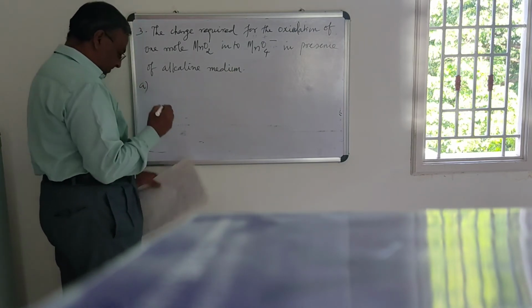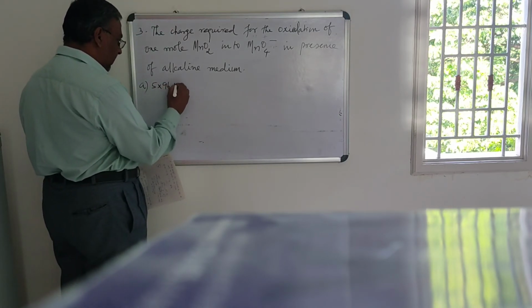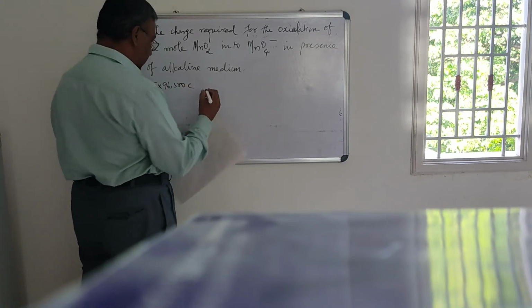Four options given. A, 5 into 96,500 coulombs.